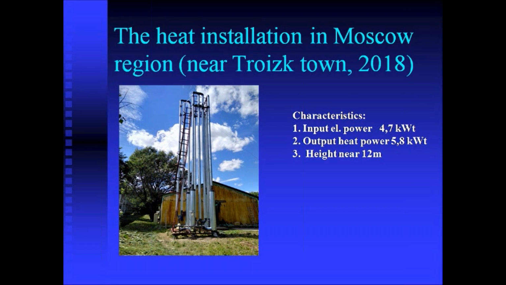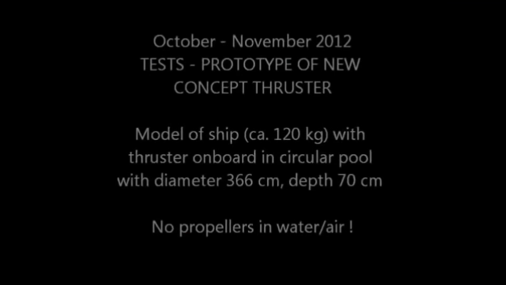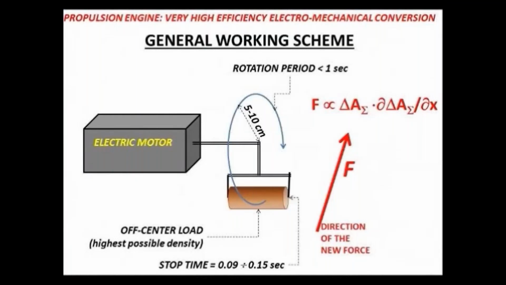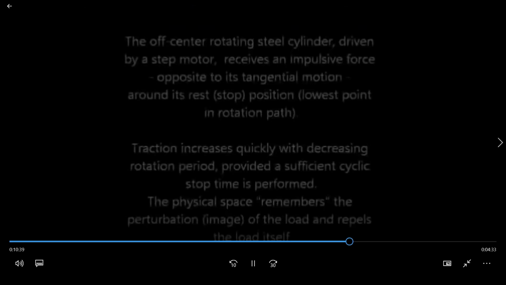Now, you will see the movie about using of new force as directive force for spacecraft in the terrestrial experiment. The model uses a new principle for power. It uses the physical space as a support medium.